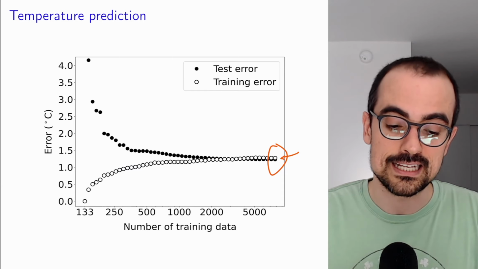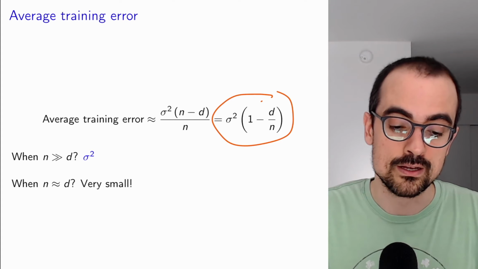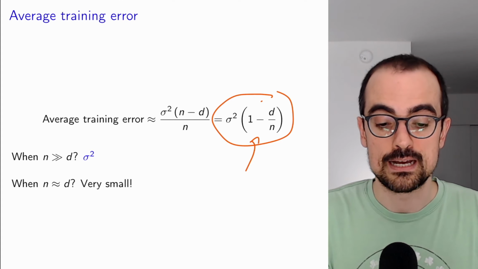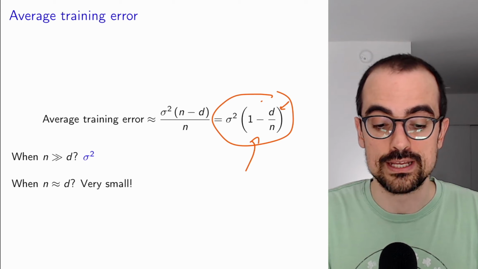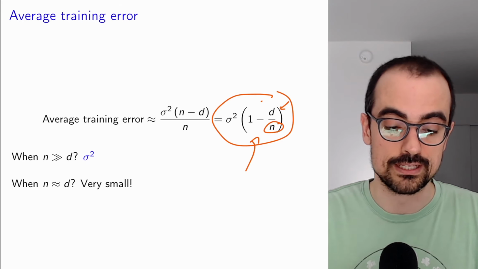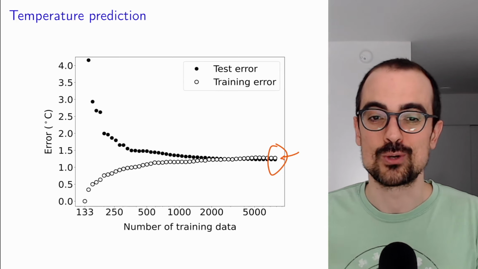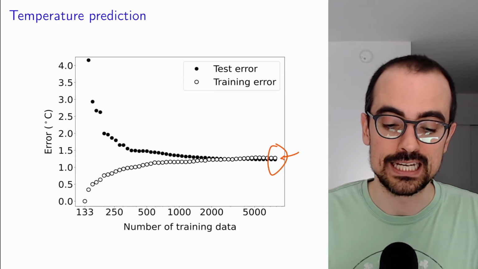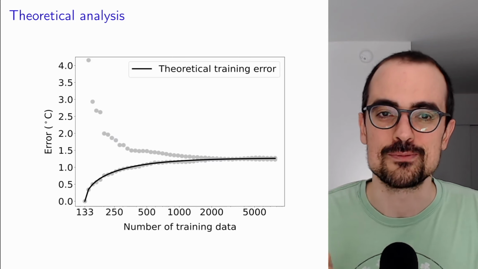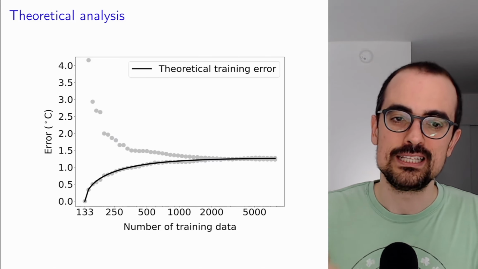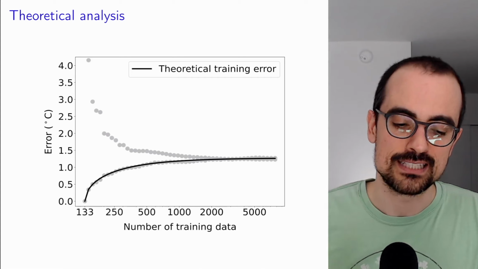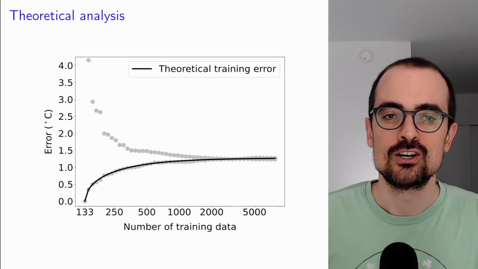If that is the case, now we're going to multiply sigma by 1 minus the number of features, which is 133, divided by the number of data points for the different number of data points, and see whether we can explain the training error that we observed in the real data. And it explains it perfectly. So this geometric argument that I just showed you completely explains the training error that we observe empirically in our real data experiments.